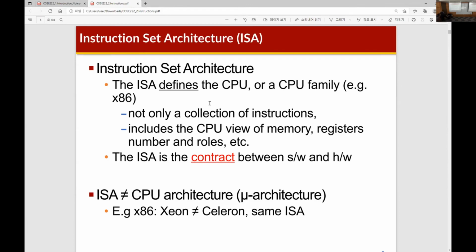But the microarchitecture of Xeon and Celeron is different. Xeon is very powerful, but Celeron is not as powerful, so the microarchitecture inside Xeon and Celeron is different. So you need to distinguish instruction set architecture from CPU architecture. Okay.